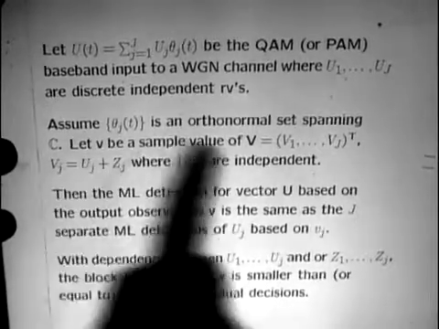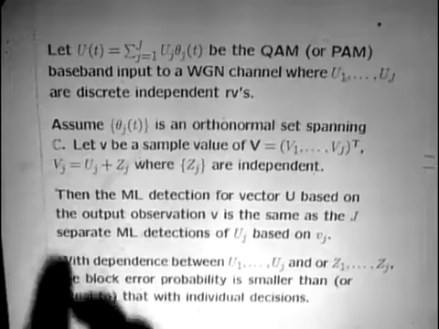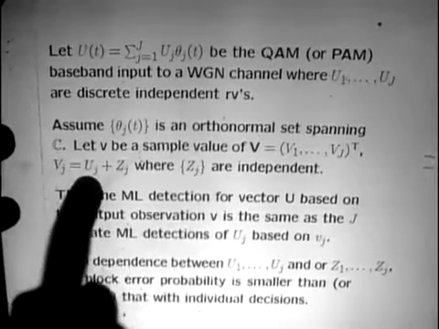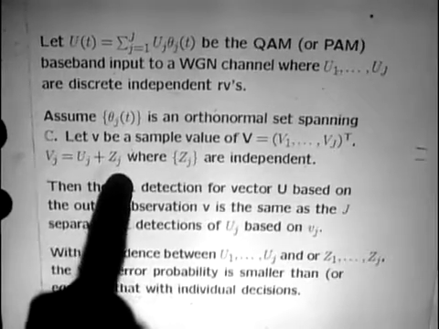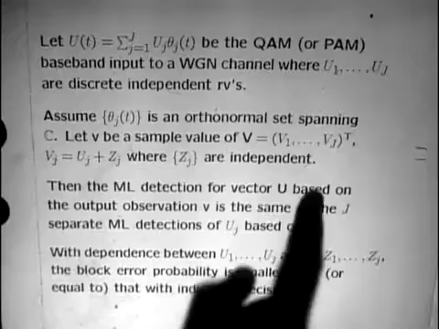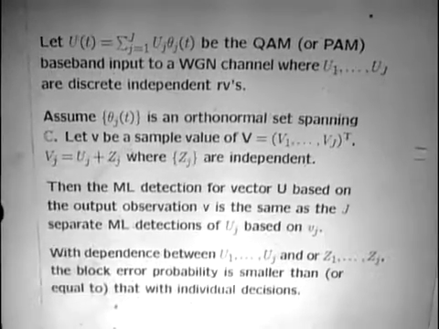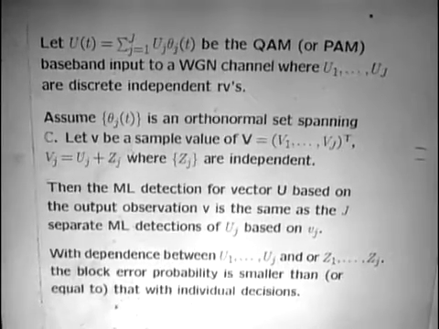So little v is going to be a sample value of this random vector. And the components of the random vector, the output, are going to be the input variables plus the noise variables. And the Zj's here are independent. I don't even have to assume that they're Gaussian for this argument. They can be anything at all so long as they're independent.